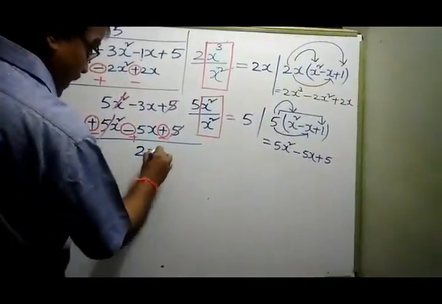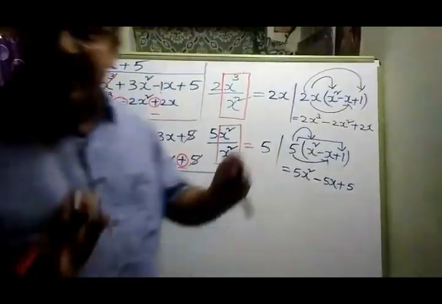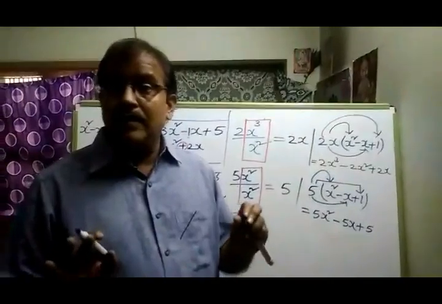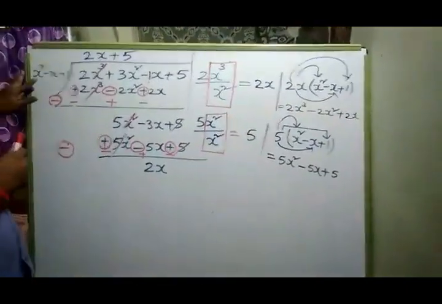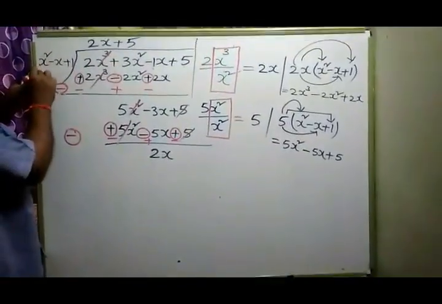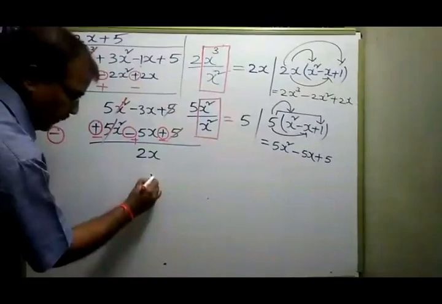First of all, whether it is a remainder or a new dividend, we have to check. How to check? What is the degree of this polynomial? 2. The degree of this polynomial is 2. What is the degree of this one, 2x? 1.